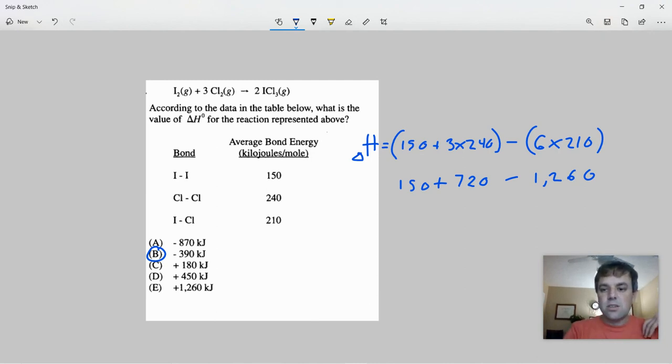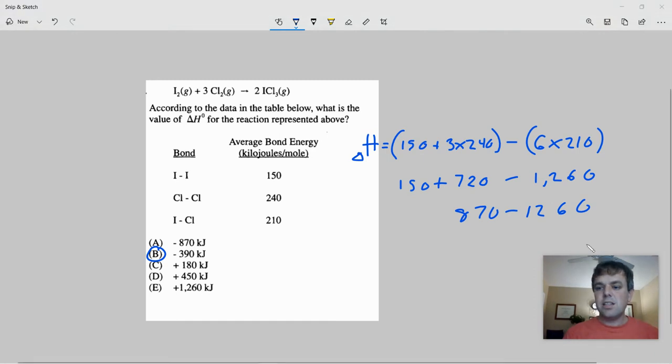This is where the math can get a little bit tricky, but ultimately that's 870 minus 1260. At this point, you don't have to actually do all of the math because you know this is going to be a negative number, but it's not going to be negative 870. So the only other reasonable choice is answer choice B. This is the trick because on multiple choice questions on the AP exam, you cannot use a calculator, so you need to be able to do these problems without one.